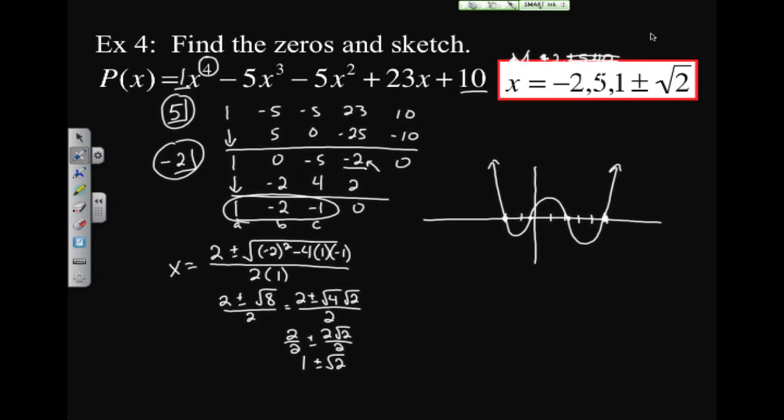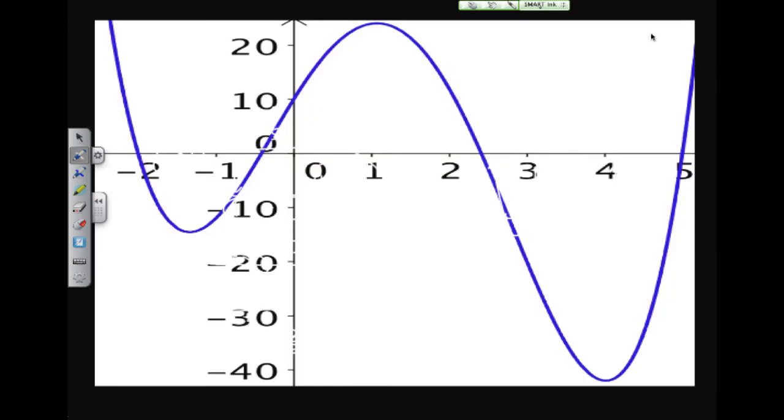There are the zeros that we found. And if you have the graph, you can see it is stretched out a lot, but the idea is there. Our zeros at -2, just a little bit less than 0, a little bit more than 2, and at 5. And then, of course, we had going up to the left and up to the right.